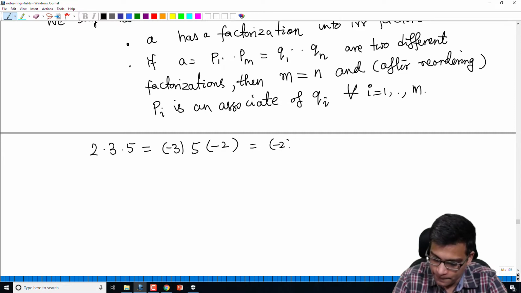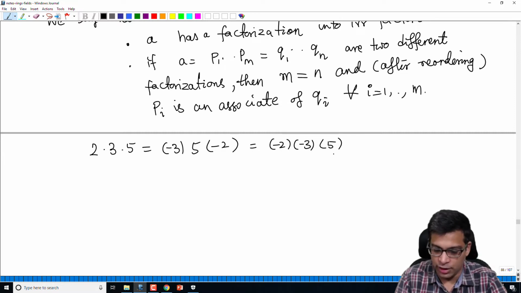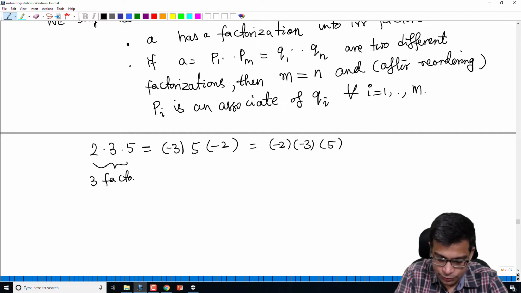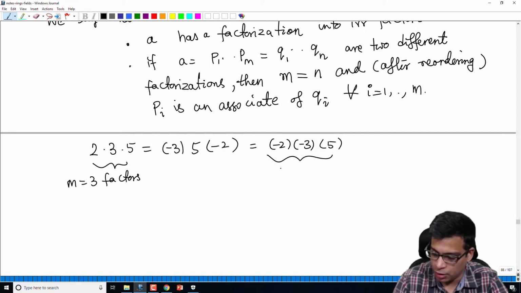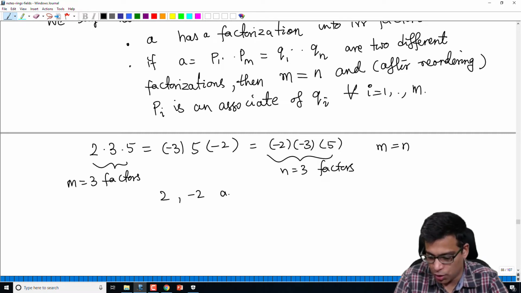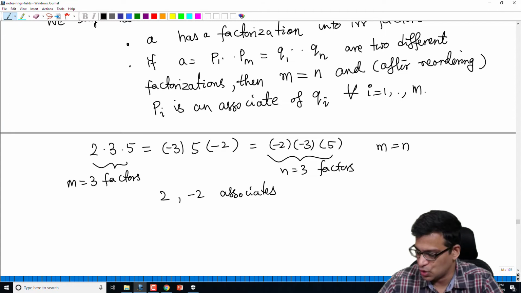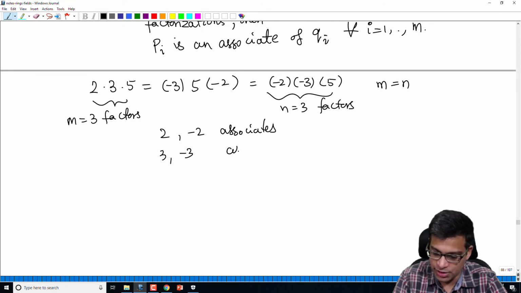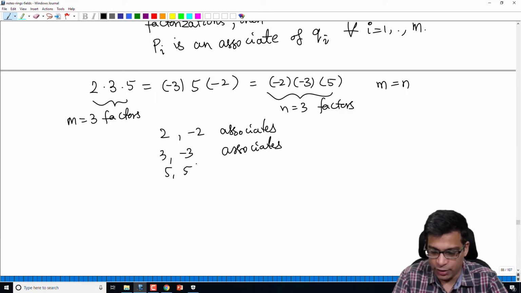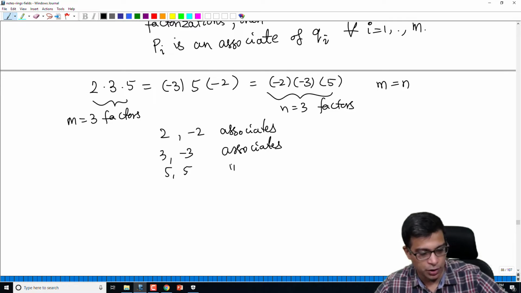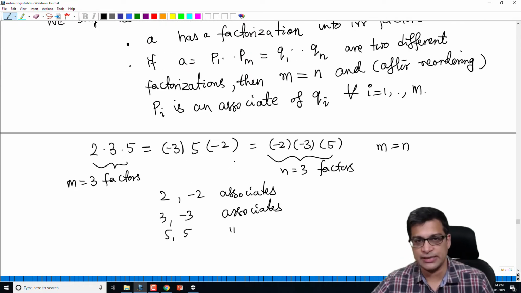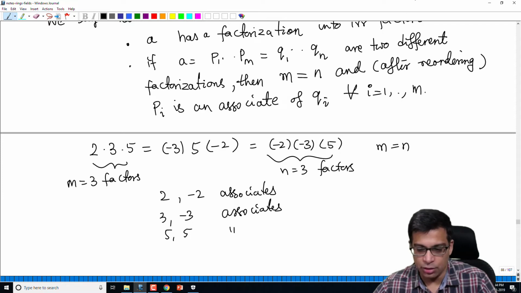So we reorder one of them, then there are 3 factors here, that's m, and there are also 3 factors there. So m and n are equal, and after having rearranged, 2 and minus 2 are associates, of course, in the ring of integers. 3 and minus 3 are associates, and of course 5 and 5 are associates because they are actually equal elements. So this is exactly what we mean by unique factorization. Not quite that elements are equal, but elements are associates.